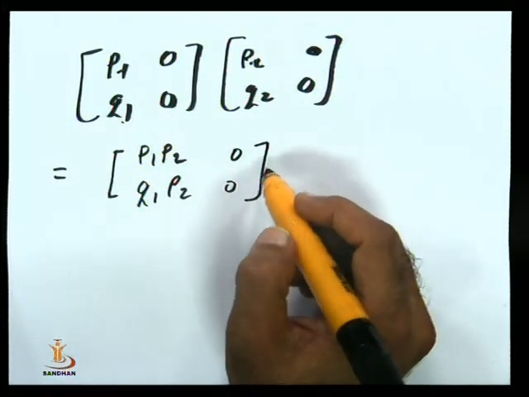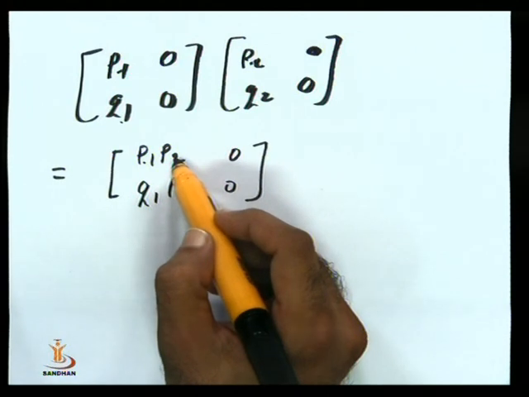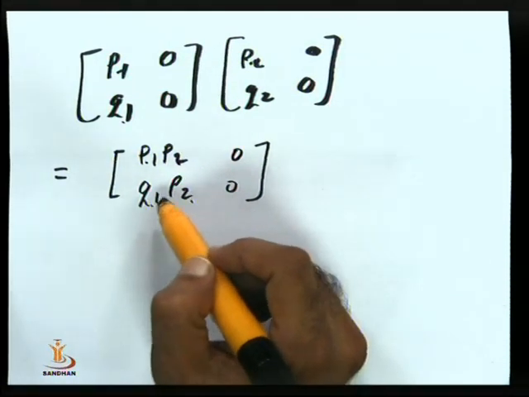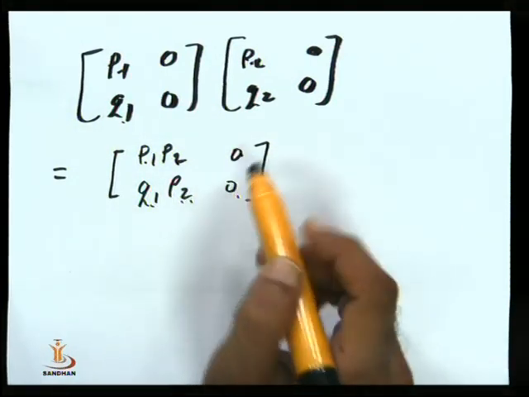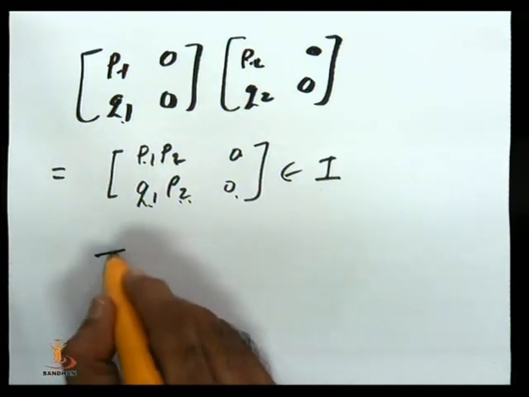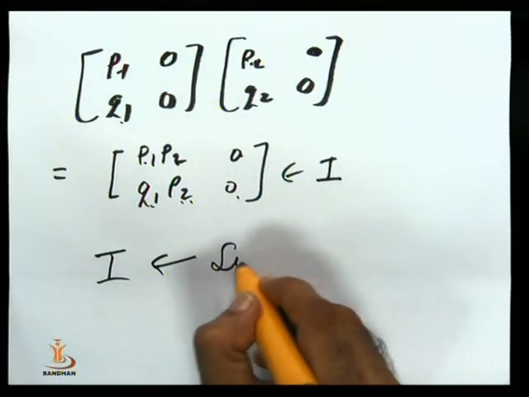Again we can see that P1 and P2 are integers, so P1 P2 is again an integer. Q1 and P2 are integers, so Q1 P2 is an integer. This is 0, 0, so this belongs to I again. Okay, so we can see that this I is a subring.